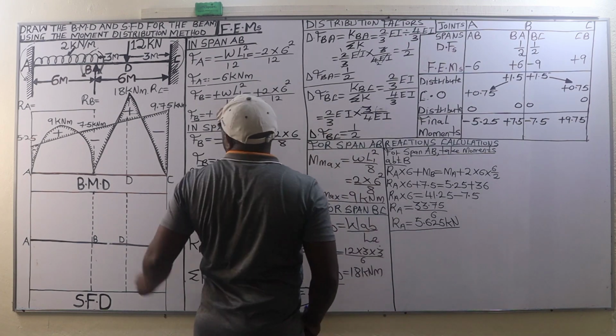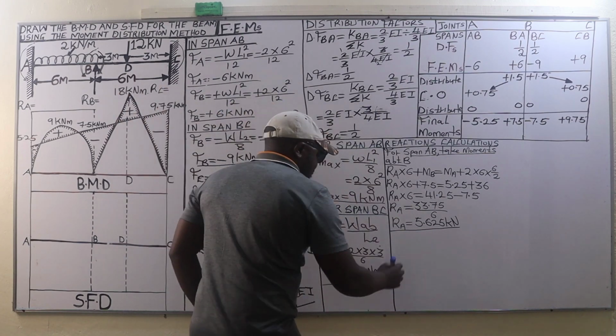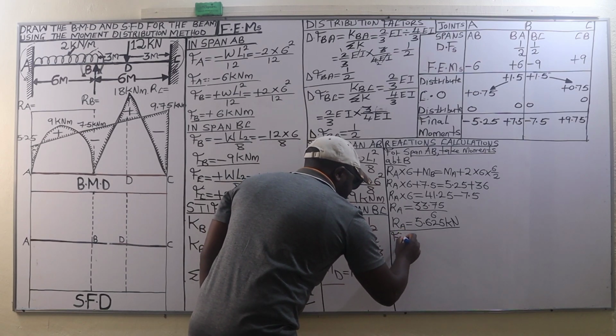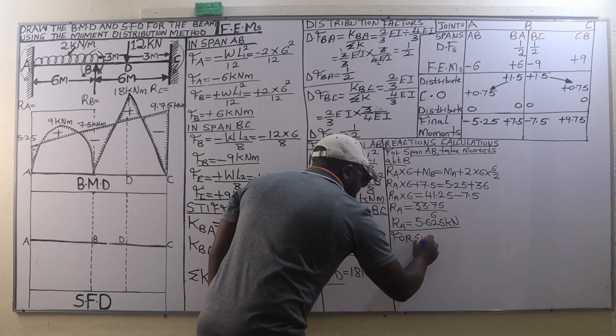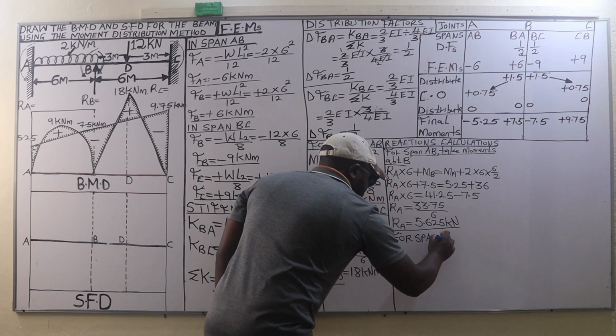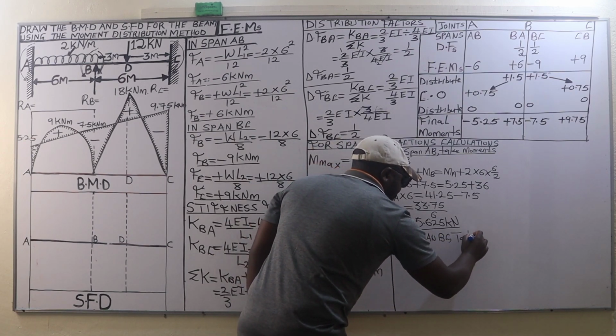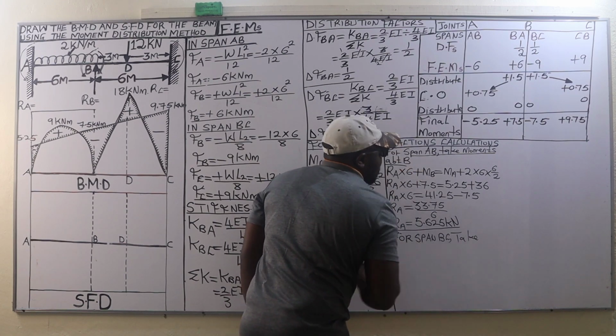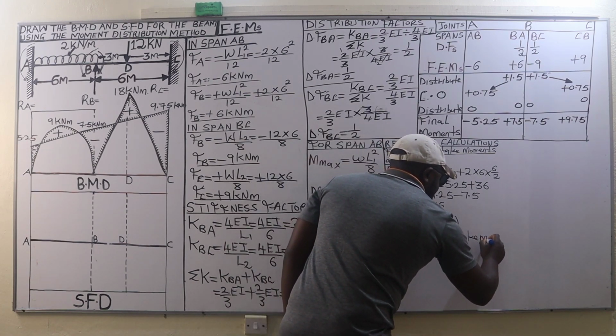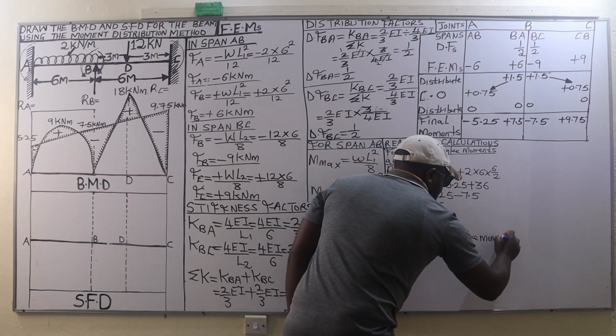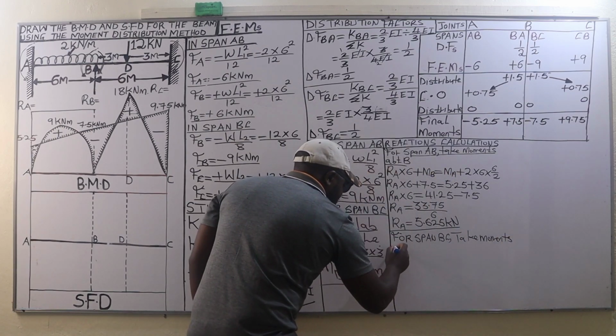After that, we go to the span BC. Therefore, for span BC, take moments about B as well.